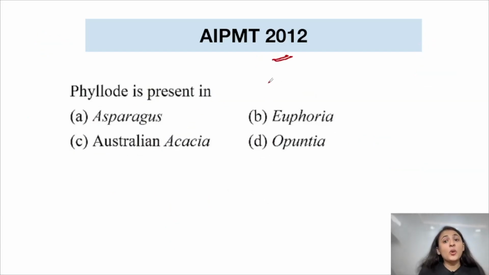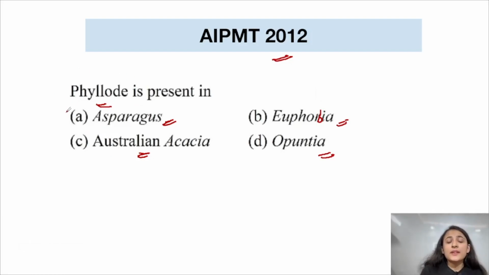Now this question is from AIIMS 2012. Phyllode is present in asparagus, euphorbia, Australian acacia, opuntia. So phyllode is present in which of these following plants? We just studied about phylloclades in detail.